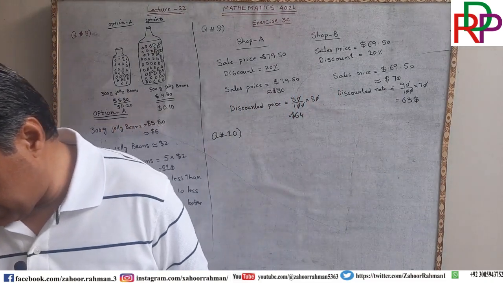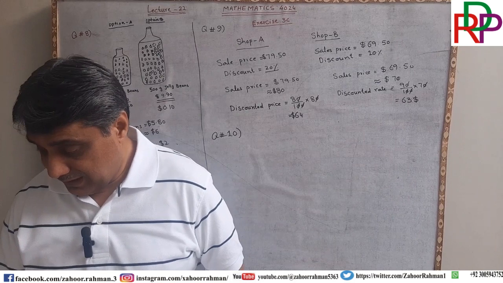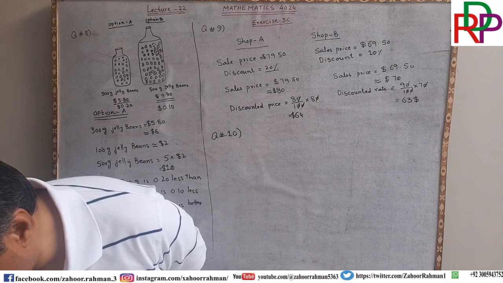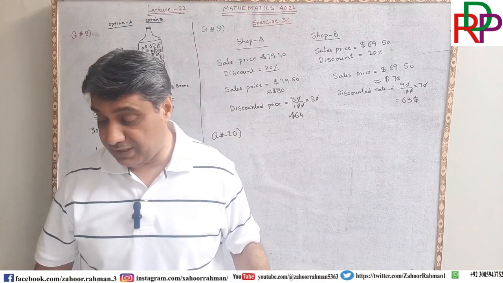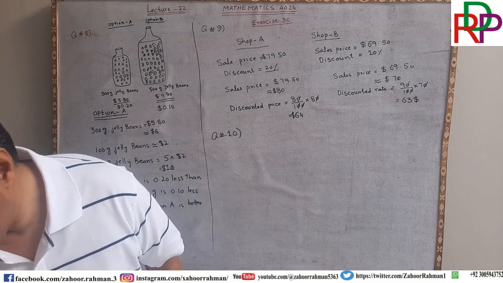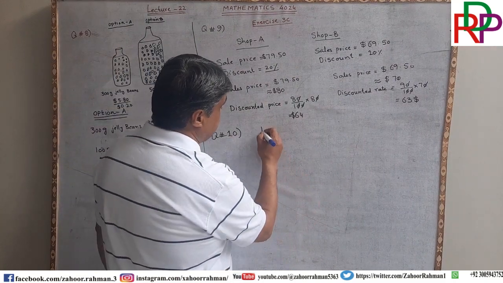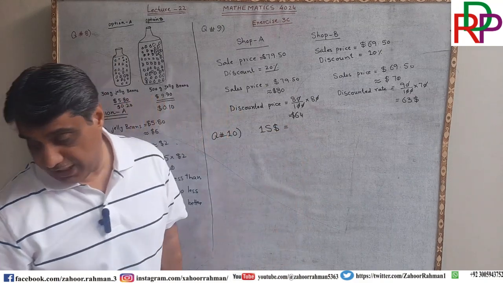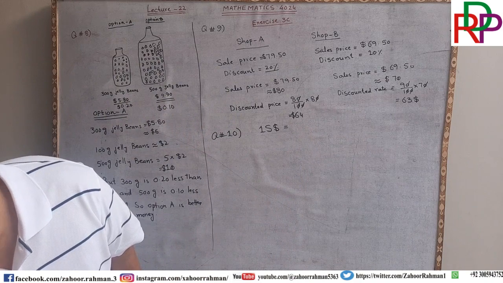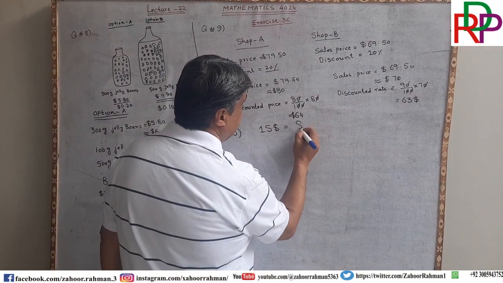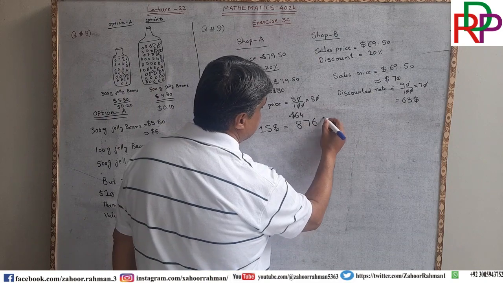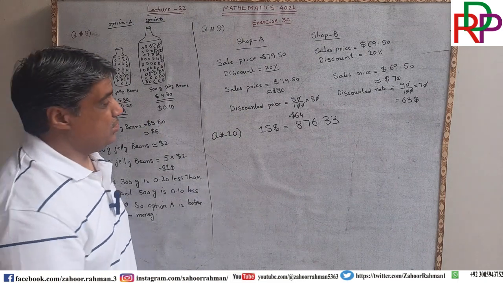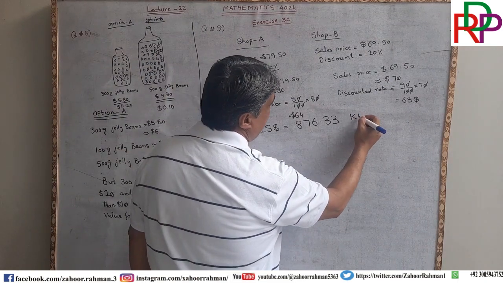So they are saying that the conversion rate is 1 Singaporean dollar is equal to 876.33 Korean won.